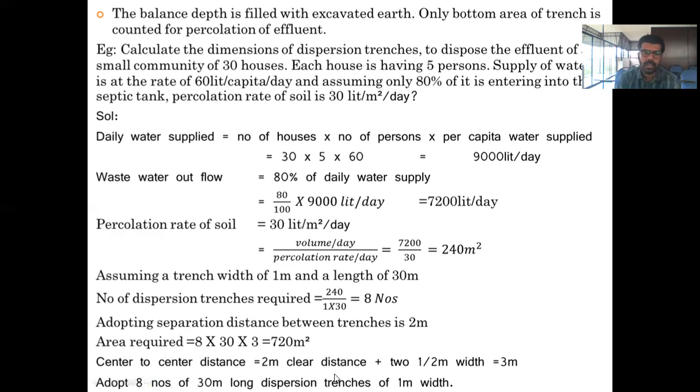It's very simple. Just know the total amount of water supply, multiply it by 80 by 100, and divide it by the population rate. Then you will get the area.